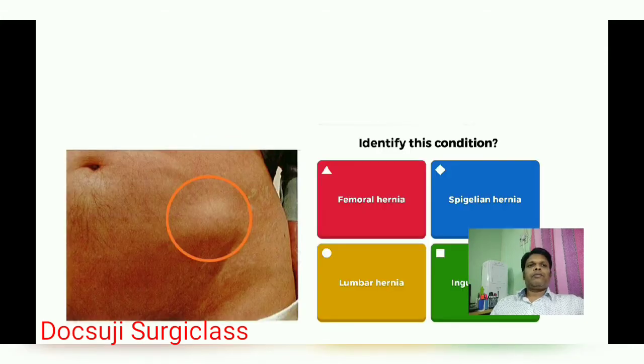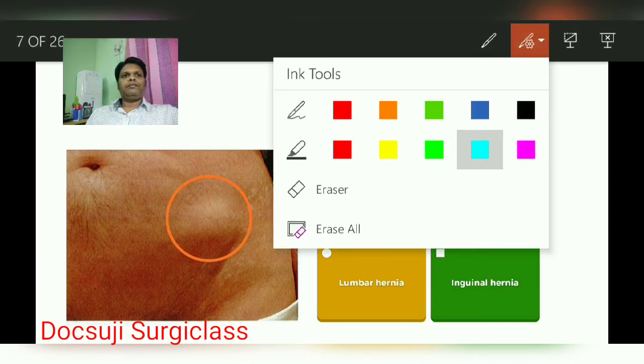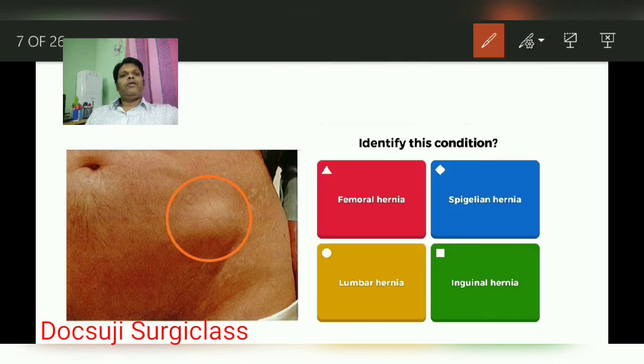Next question. Identify this condition. In this picture there are four hernias given: femoral hernia, Spigelian hernia, lumbar hernia, inguinal hernia.